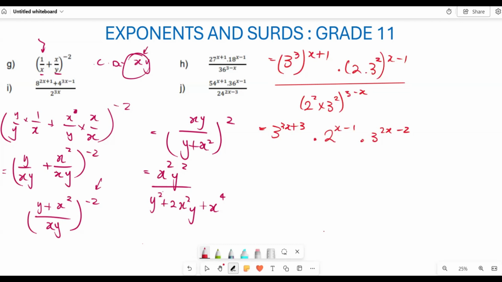Are we together? Isn't it what we are writing in our numerator, correct? Yes, this is correct.